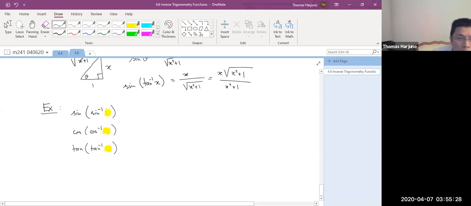Let's say this is 1/2 here. Okay, so this will be 1/2. Why? Because the sine cancels sine inverse, cosine cancels cosine inverse, tangent cancels tangent inverse.